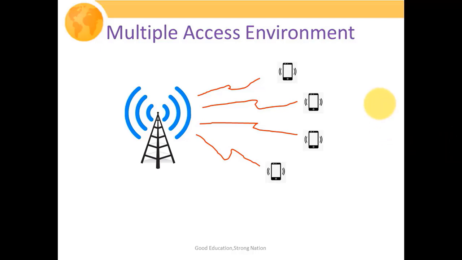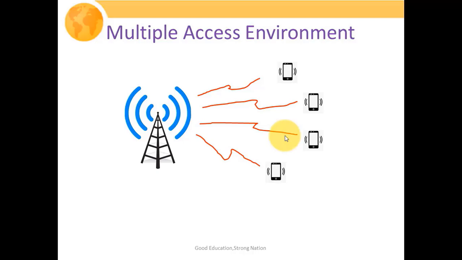So all of the mobile users are dependent on this base station for their communication. All these mobile stations want to transmit and receive their information in the common medium. So the wireless multiple access environment describes a situation where multiple mobile users are competing to access the link in the common medium in order to exchange their information, obviously in an interference limited environment.